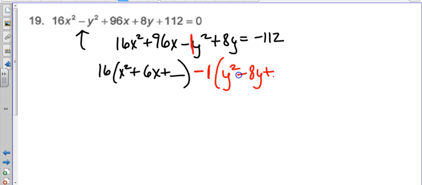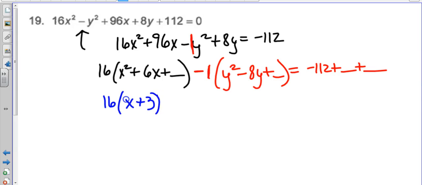Minus 8y plus blank equals negative 112 plus blank plus blank. Okay. This one, half of 6 is 3, squared is 9. I don't know what 9 times 16 is, but I'm just going to write it over here anyway.